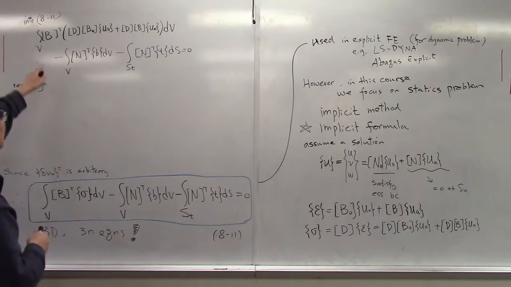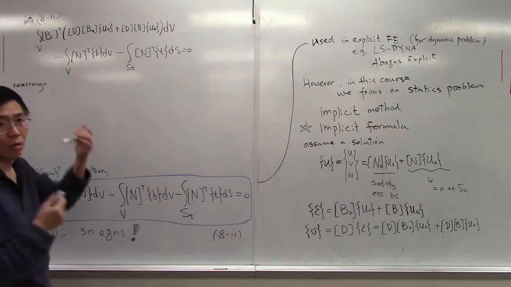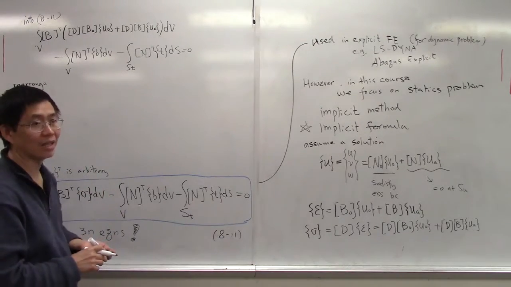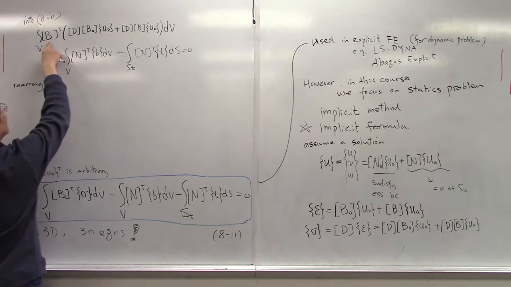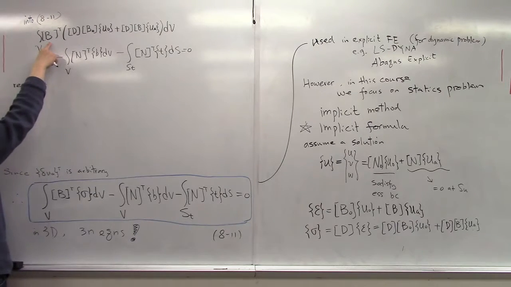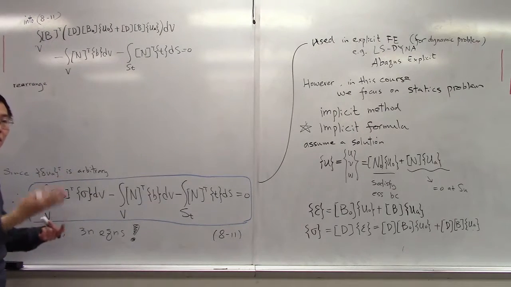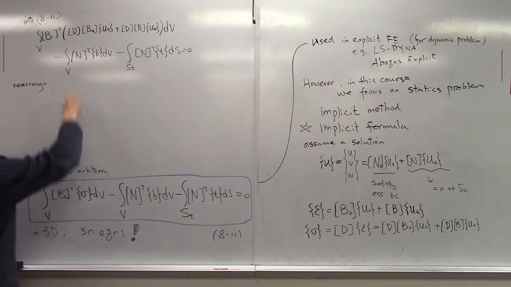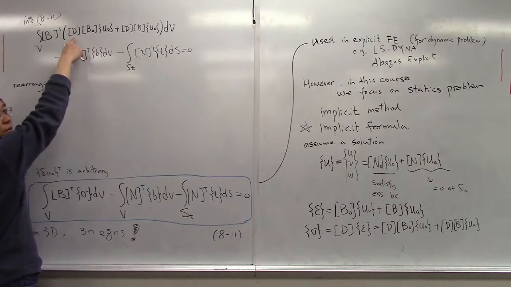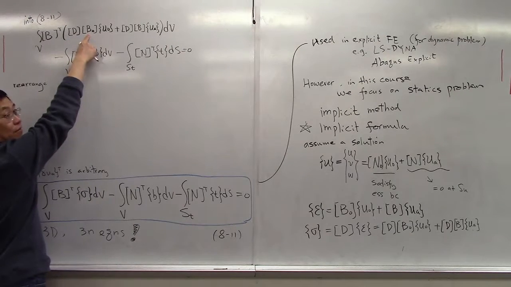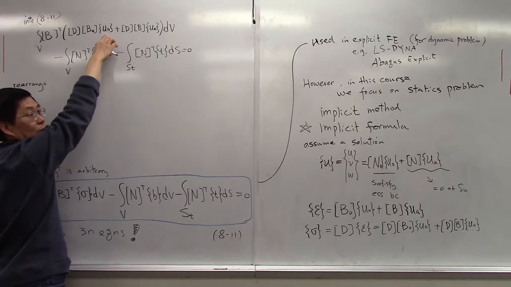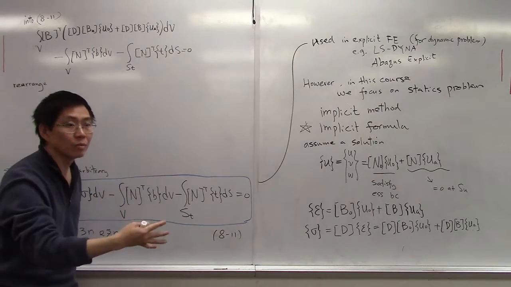So let's see at this point what terms are known, what terms are unknown. This one, the B matrix, the shape function, we propose it, so we know this is the derivative of that. It's also a known function. D, we assume the material property is known. That's part of the shape function, so that's also known. This one, U0, is the prescribed displacement.